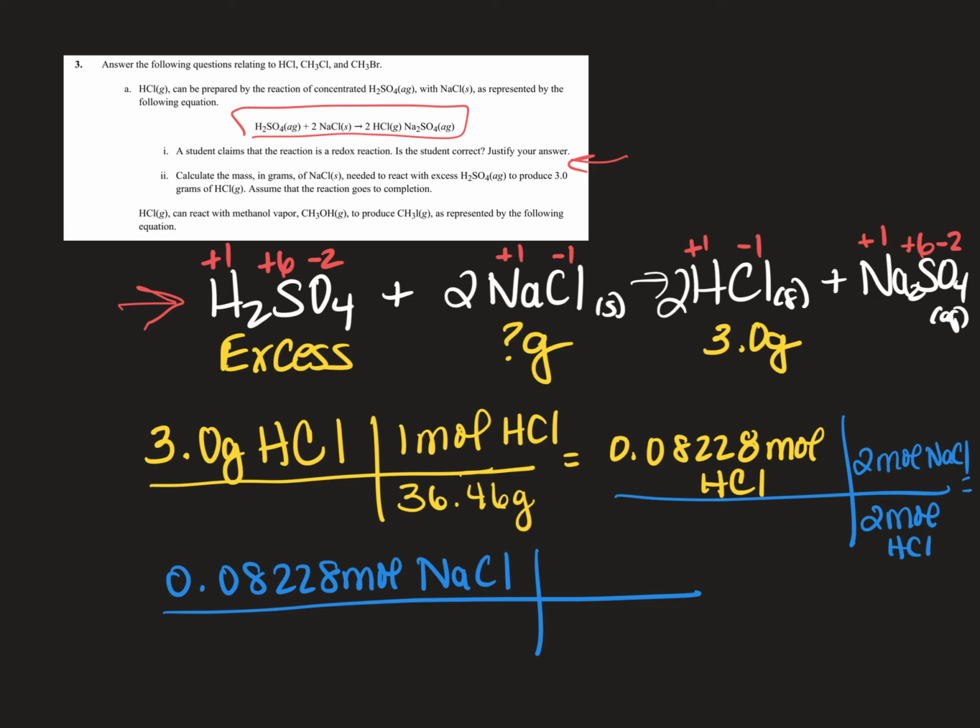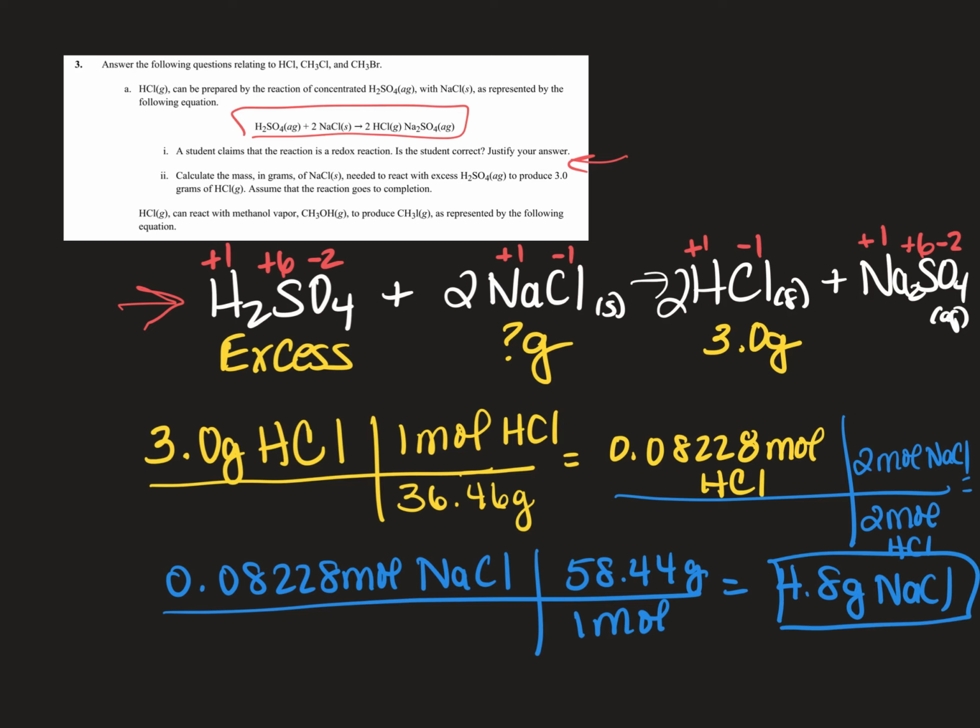So that's going to be 22.99 plus 35.45 is 58.44 grams per 1 mole. I'm going to end this with 2 sig figs. So that gives me 4.8 grams of sodium chloride.